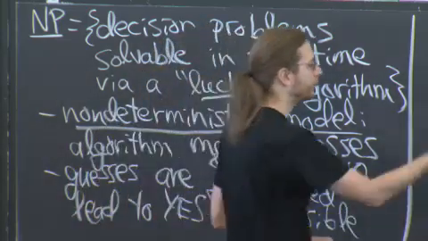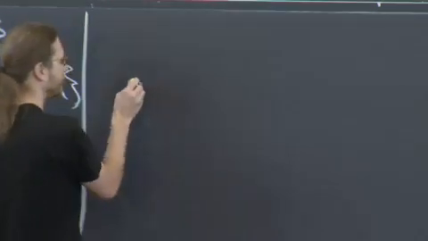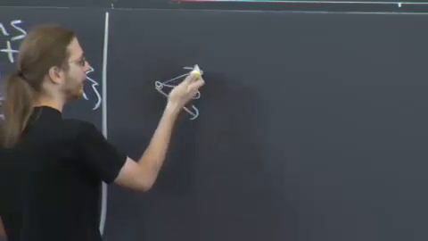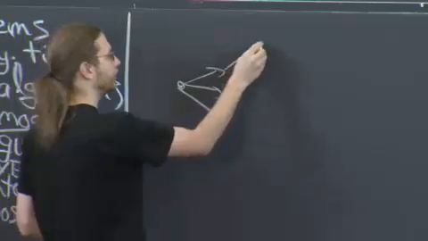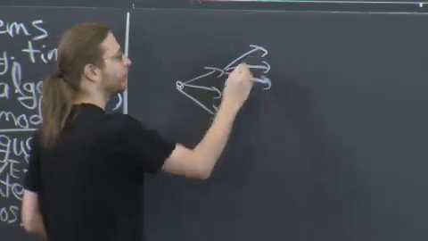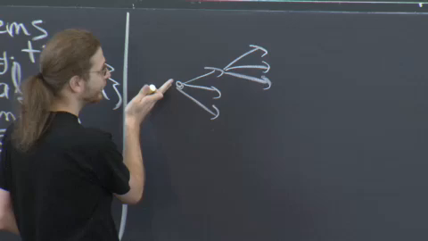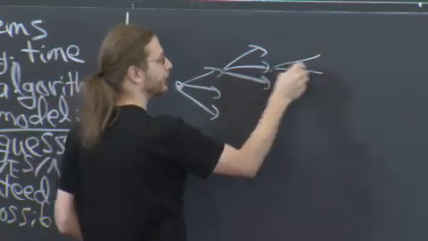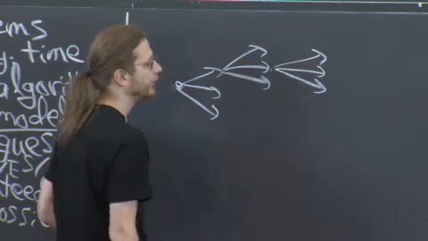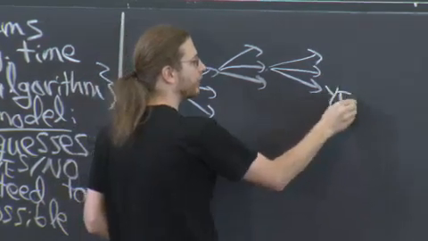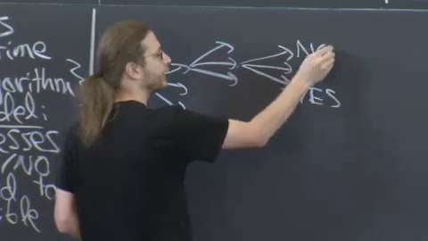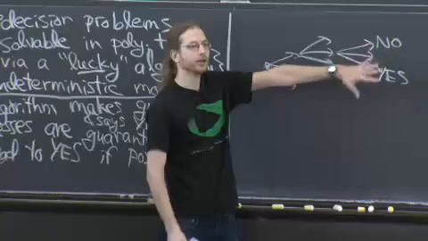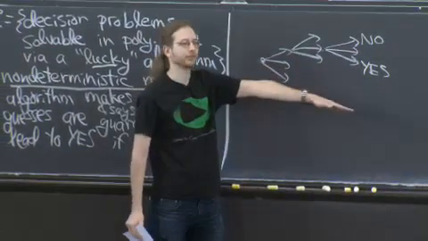So if you imagine the space of executions of this program, you start here, and you make some guess. And you don't know which way to go. In dynamic programming, we try all of them. But this algorithm doesn't try all of them. It's like a branching universe model of the universe. You make some choice, and then you make some other choice, and then some other choice. All of these are guesses. And some of these things will lead to yes. Some of these things will lead to no. And in this magical model, if there's any yes out there, you will follow a path to a yes.